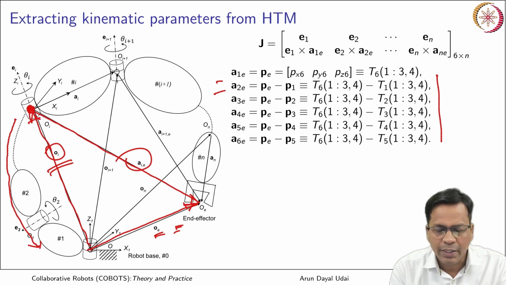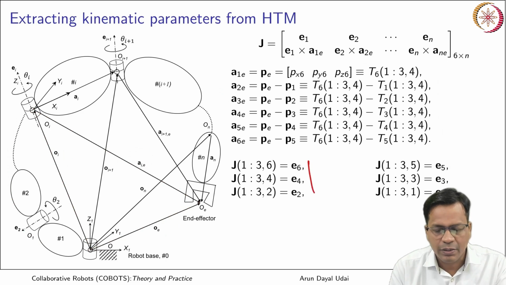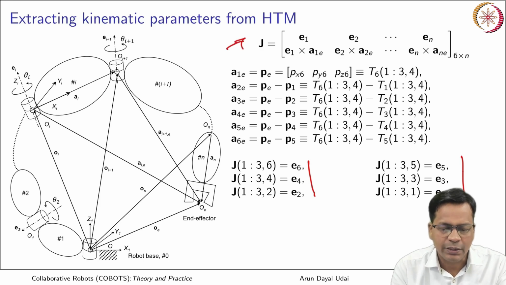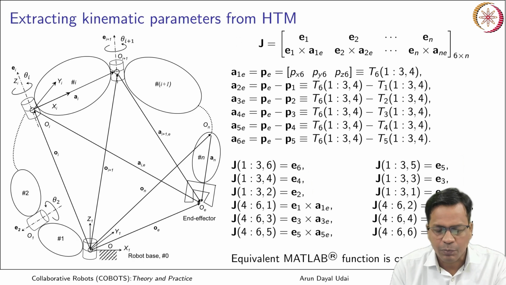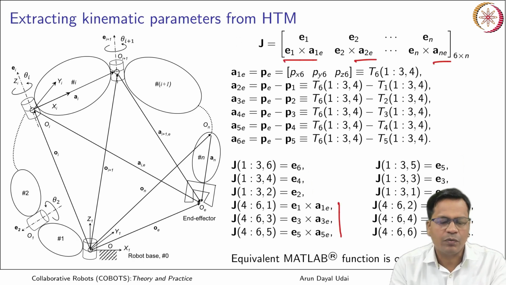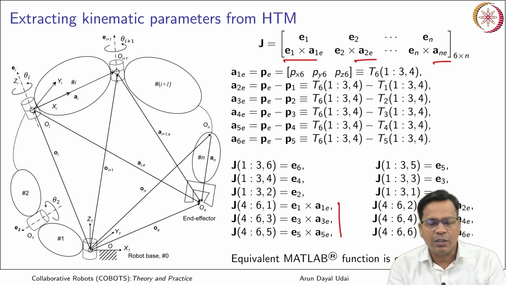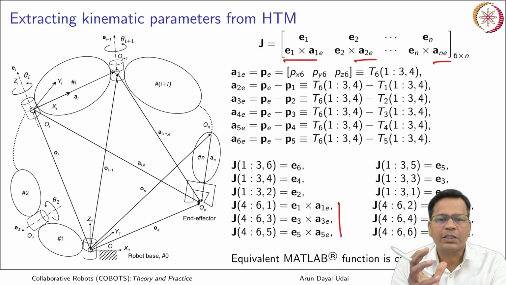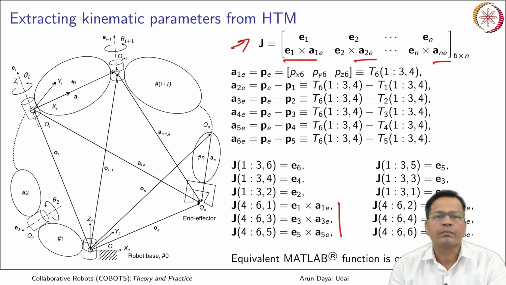So all the AiEs can be obtained. Now this we have already seen. Now we'll put them in place in this matrix. Whatever we have extracted, Ei and AiE, and similarly the cross products are put over here. This is the way you can extract all the homogeneous transformation matrix elements and use them to calculate the Jacobian. Got it?